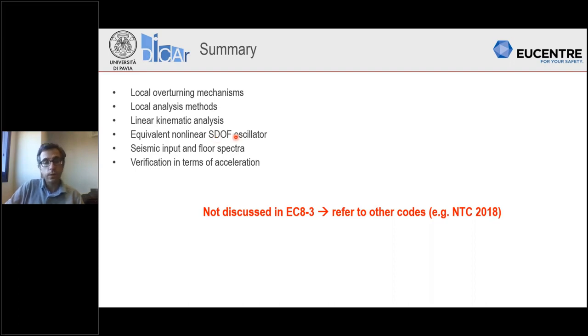To perform the assessment, we will also have to discuss how the seismic input is defined, because it is defined in terms of the so-called floor spectra. And finally, we will arrive to discuss the verification in terms of acceleration.